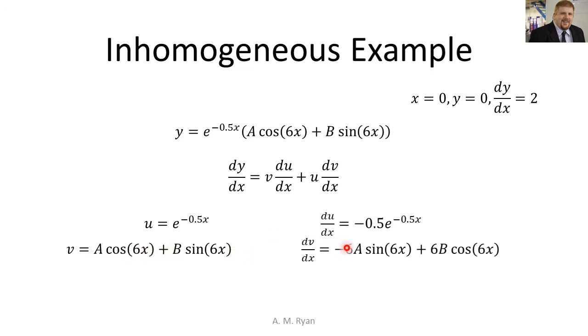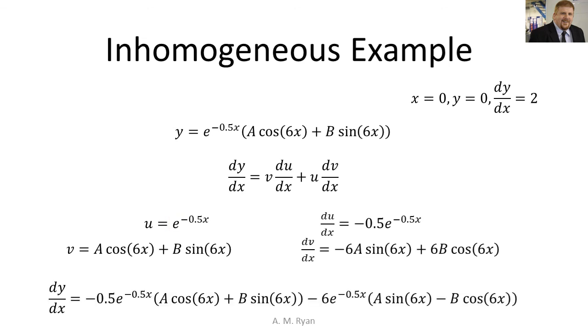And similarly, I'm going to factorise out a 6 and multiply it by my u to get my differential function for this bit to be minus 0.5 e to the minus 0.5x, which is my du dx, times a cos 6x plus b sin 6x, which is my v.